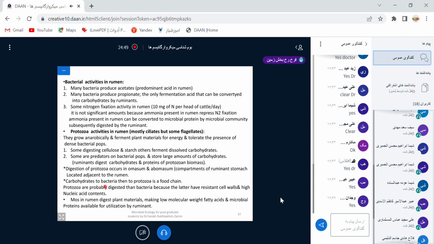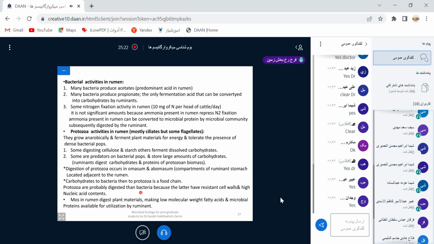Carbohydrates to bacteria, then to protozoa, so it is a valuable food chain there. Protozoa are more easily digested than bacteria. So it is better for the animal to digest protozoa because protozoa don't have a cell wall like bacteria. The hard work is done by protozoa.